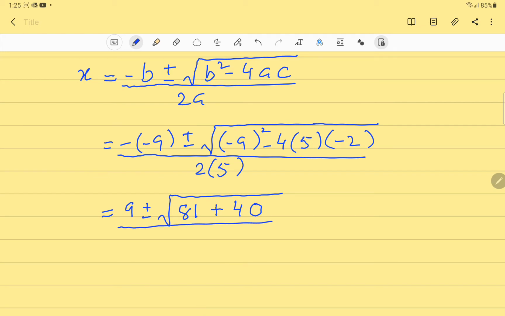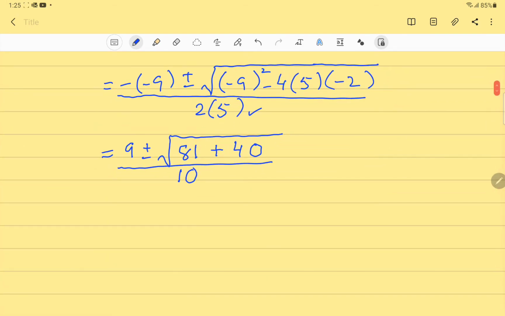And 2 into 5 will be equal to 10. So far so good. 9 will be as it is for the time being.